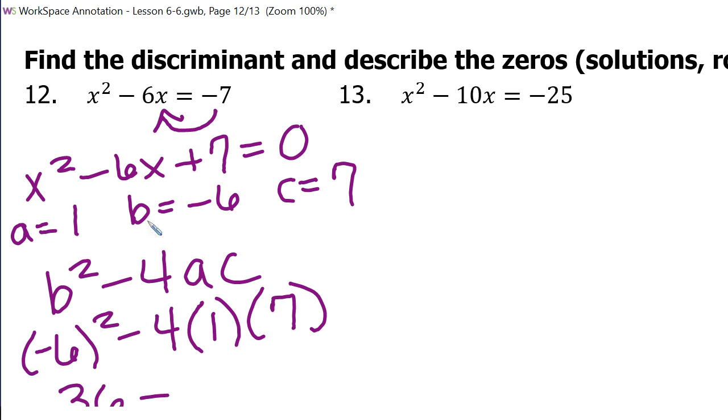What's 4 times 1? 4 times 7? 28. When I subtract these, what do I get? 8. So my discriminant equals a positive. So if your discriminant equals a positive, what does that tell you about the zeros? 2 real zeros. So the discriminant is 8. And we have 2 real zeros.